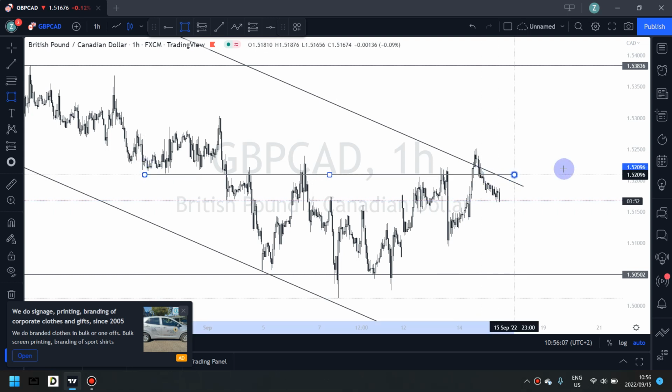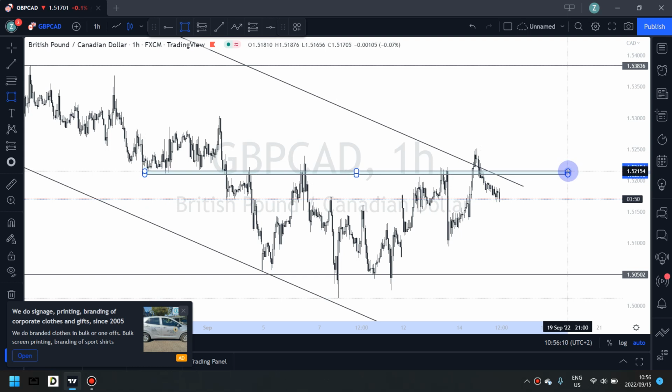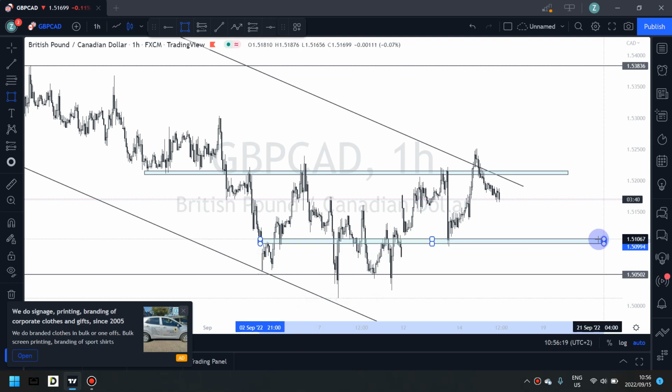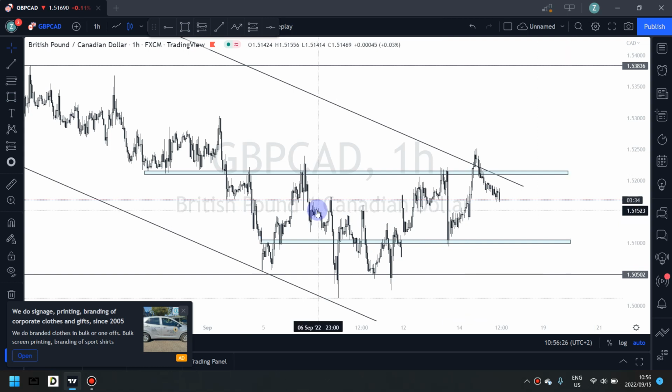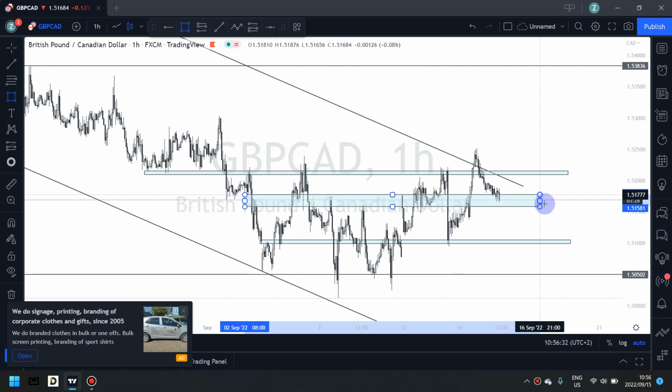This is a resistance zone that I am seeing, and this is also a zone that I am seeing, a support zone, and lastly there's a third zone that I do want to cater for, which is this zone right here.